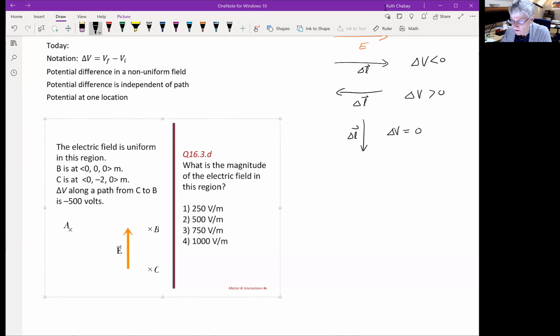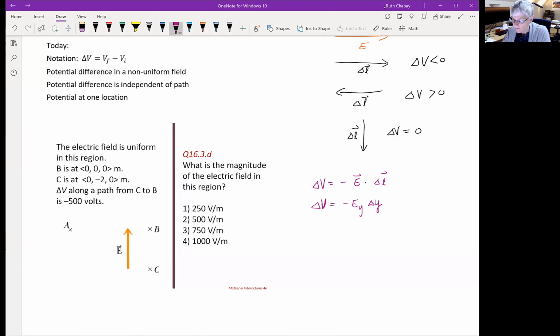So we start with the definition. Delta V is minus E dot delta L. Here it's going to be minus E sub y delta y.